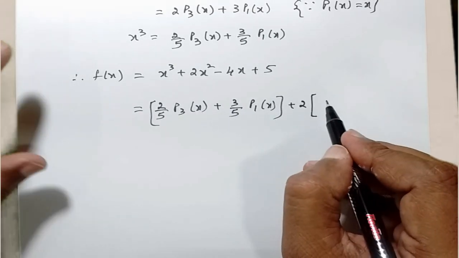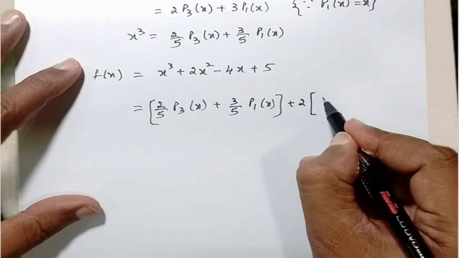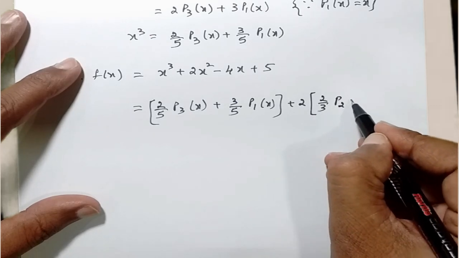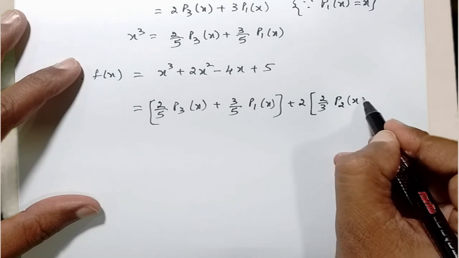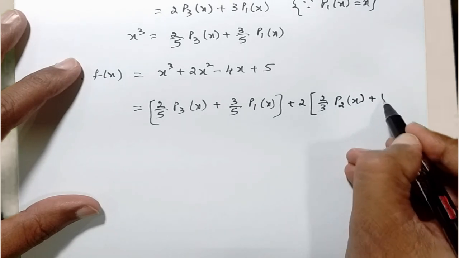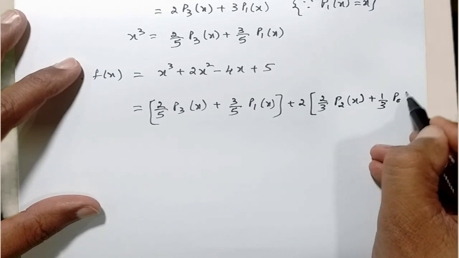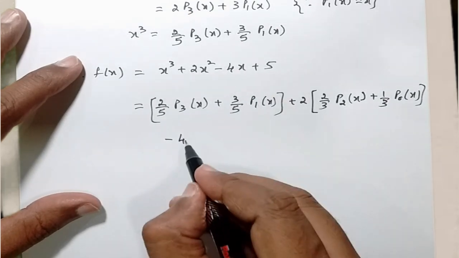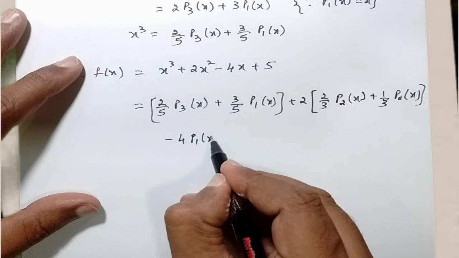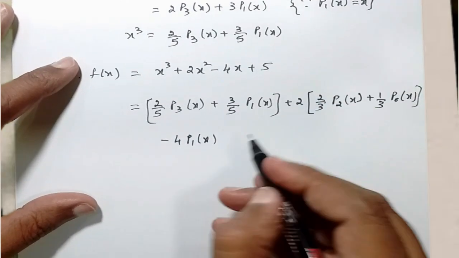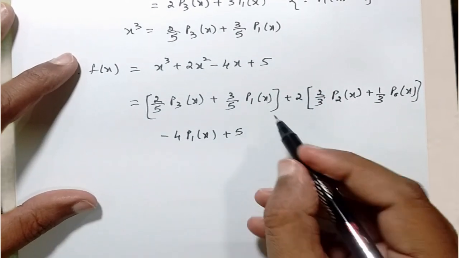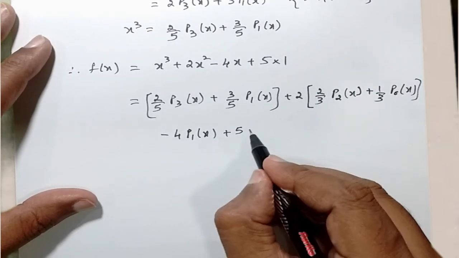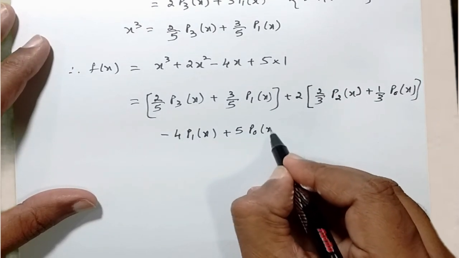You can just plug in that value of x square to be 2 by 3 P2 of x plus 1 by 3 P0 of x, minus 4 times x, whose value is nothing but P1 of x. That is what I have written. Plus 5 into 1, and 1 is nothing but P0 of x.